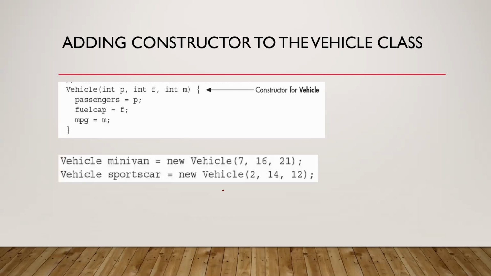I can initialize a minivan, which is expected to have a lot of passengers, and the miles per gallon can also be more. And I can create a sports car instance, where two people can sit, with corresponding fuel capacity and miles per gallon.